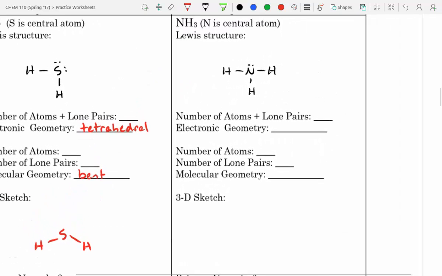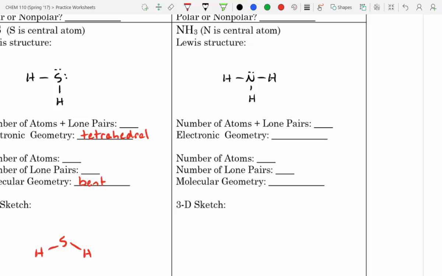All right, next one, we've got ammonia. What's the electronic geometry for nitrogen? Tetrahedral. We've got 3 bonded atoms plus 1 lone pair. That puts us in the 4th subgroup, which is tetrahedral electronic geometry. All right, and then what's the molecular geometry or shape?